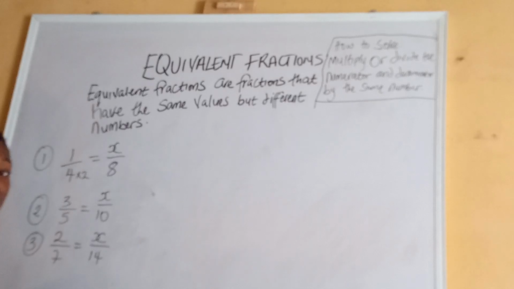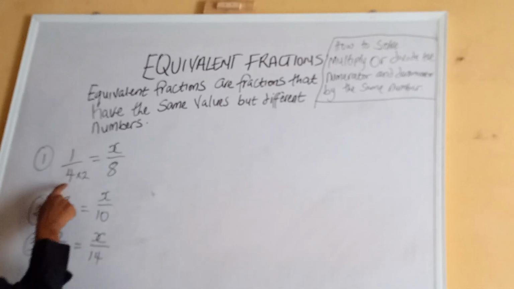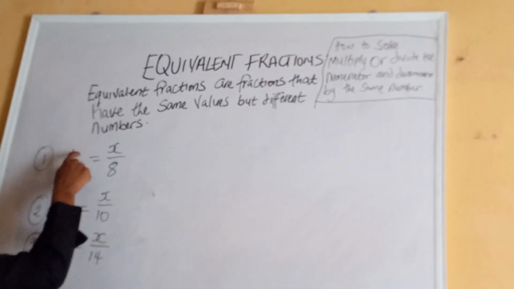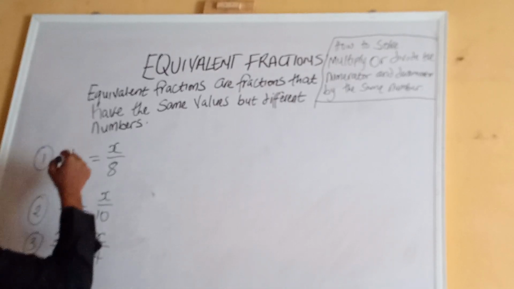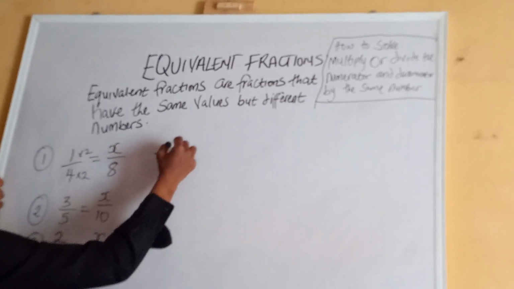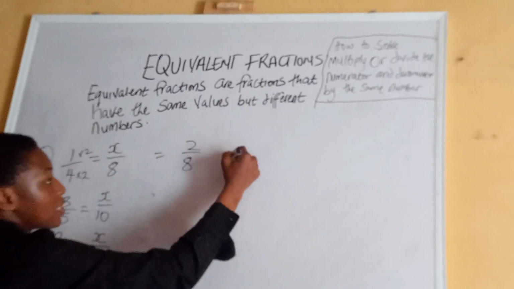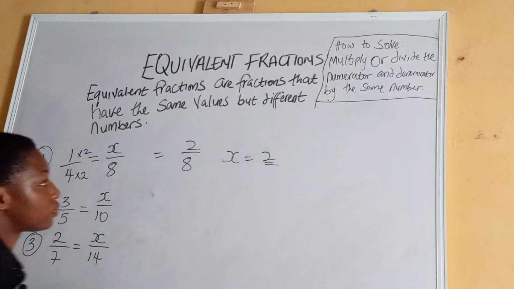You have to remember that with equivalent fractions, you are multiplying or dividing the numerator and denominator by the same number. So if we are multiplying here by 2, you have to also multiply here by 2. So your answer will end up being 2 over 8. So the unknown, our x, is equal to 2.